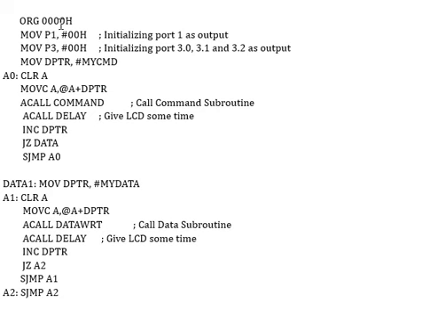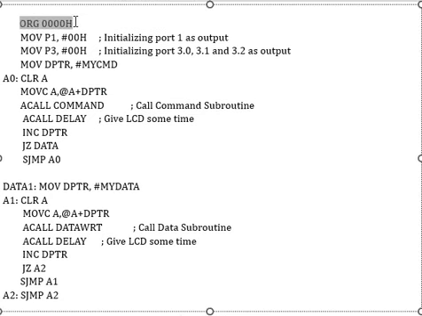First of all, we are going to originate at zero, means from where your program should be stored. So we have started with org 0000 hex, means from this particular location my program will be stored. Next, we have to initialize port 1 and port 3 as output, because we are going to send the value from 8051 to LCD, means the ports should act as output pins.